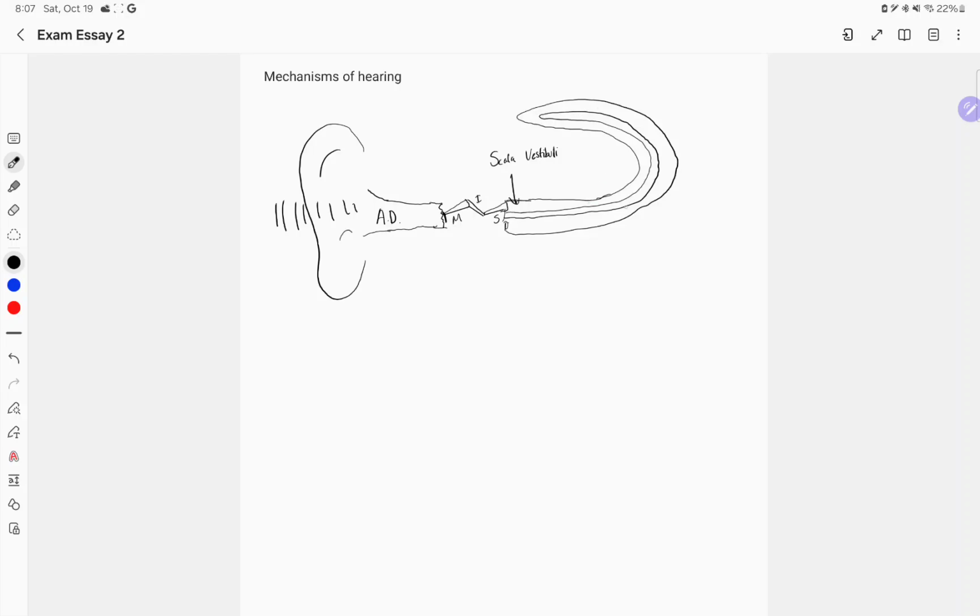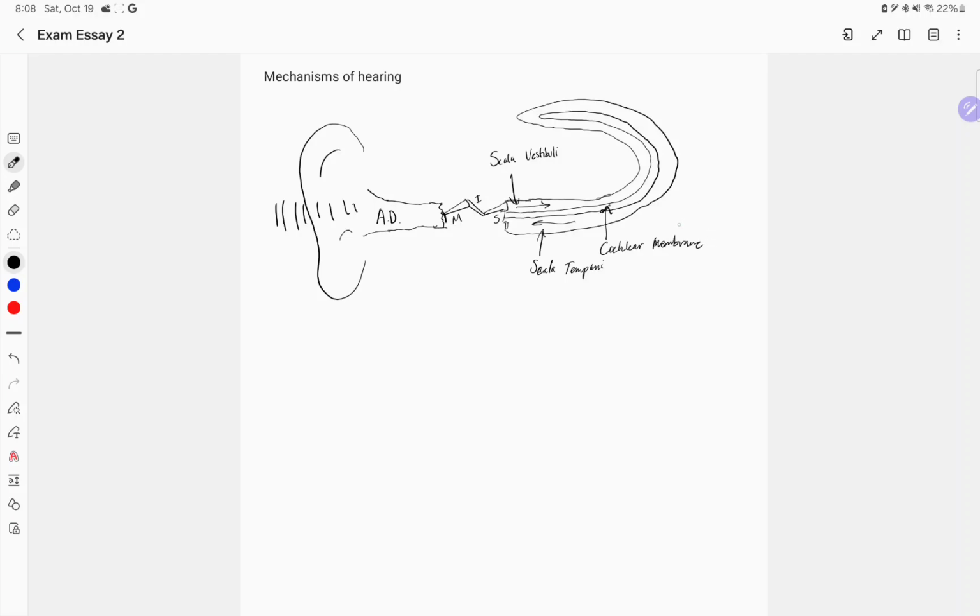And then on its return back down, like we're coming in this way and then coming out this way, this is going to be the scala tympani. And then this membrane right here, this third kind of channel, is just the cochlear membrane.